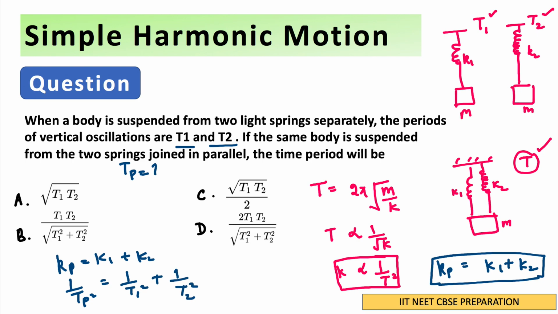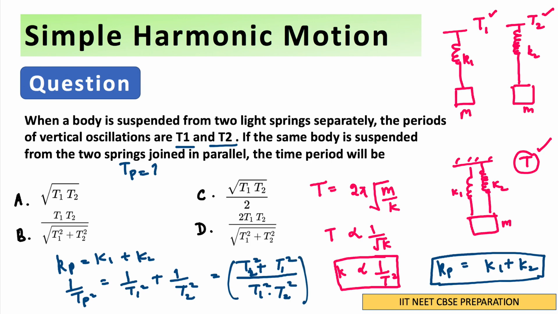Now if you take the LCM, we get T1 square times T2 square in the denominator, and in the numerator T1 square plus T2 square. So this is what we get.